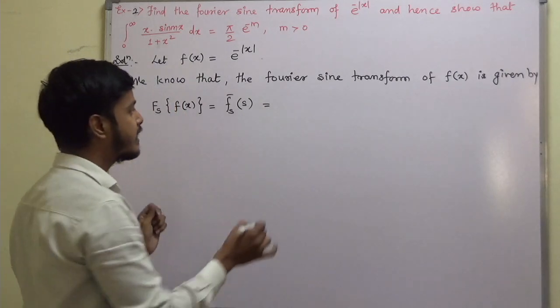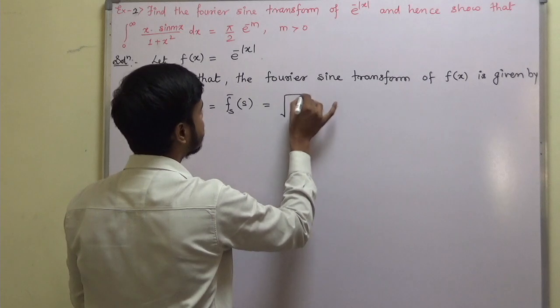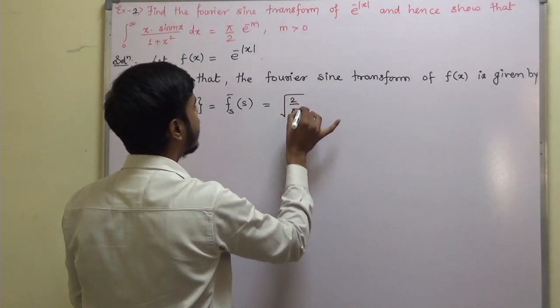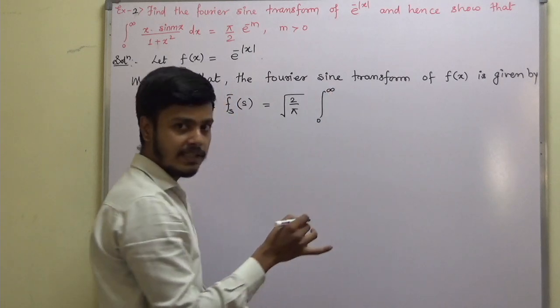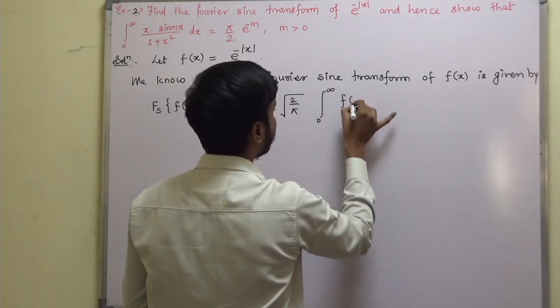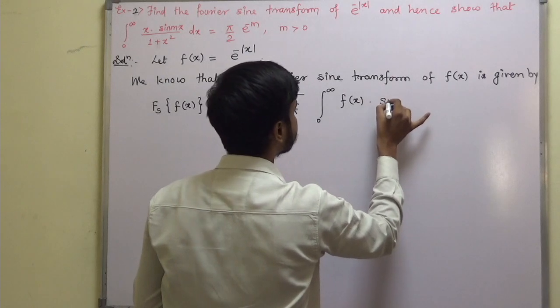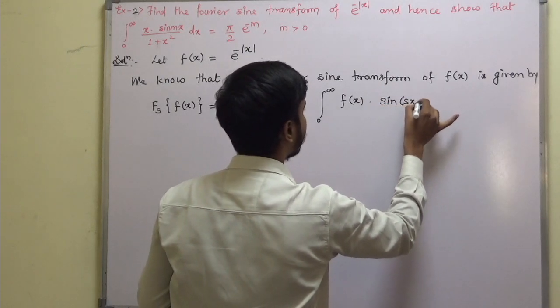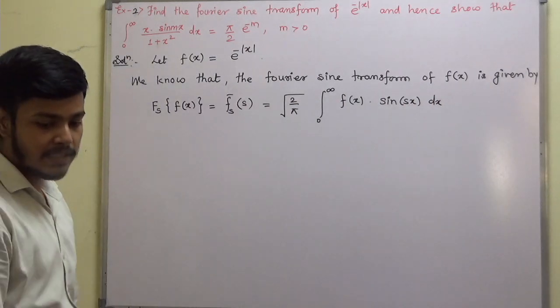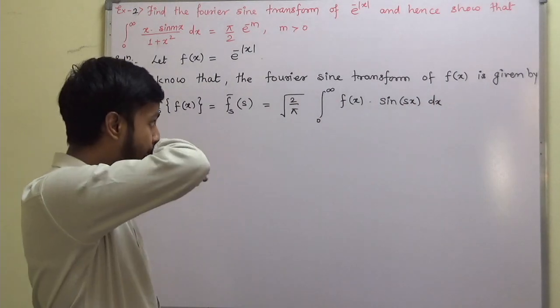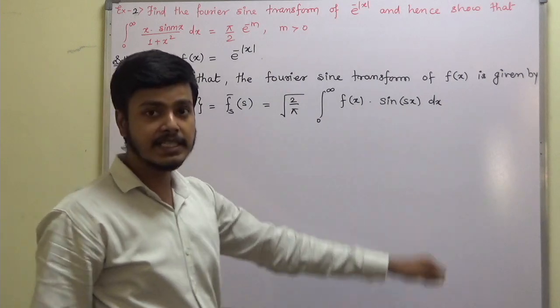Under root 2 by pi integration 0 to infinity, f of x into sine s of x dx. Is that correct? Integration under root 2 by pi integration 0 to infinity f of x into sine sx dx.